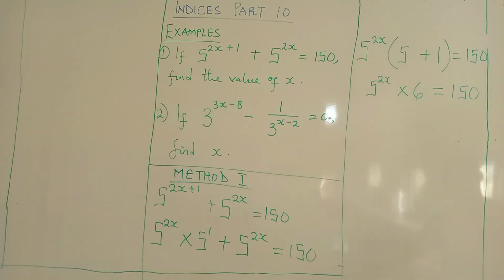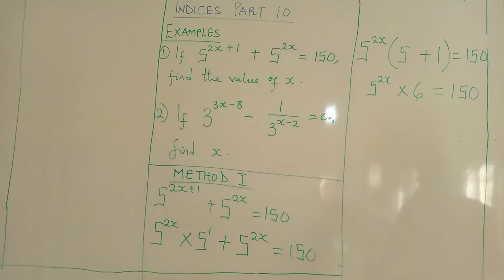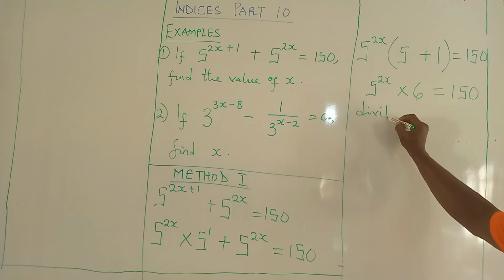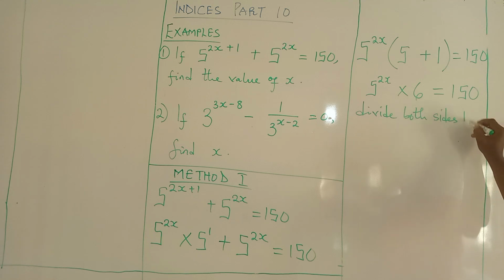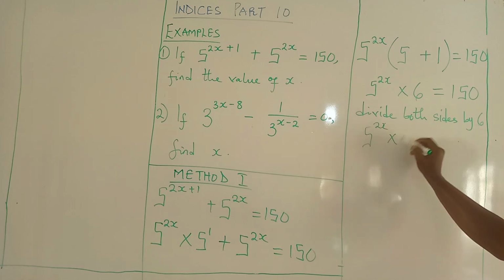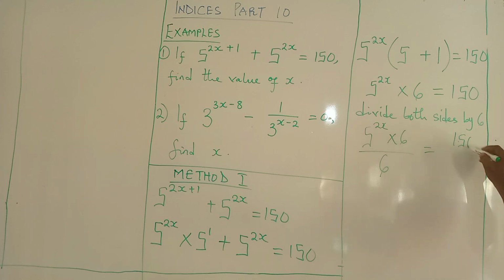Now, our aim is to find the value of x. So at this point, we can divide both sides by 6. If you divide both sides by 6, you have 5 raised to power 2x times 6 divided by 6 is equal to 150 divided by 6.